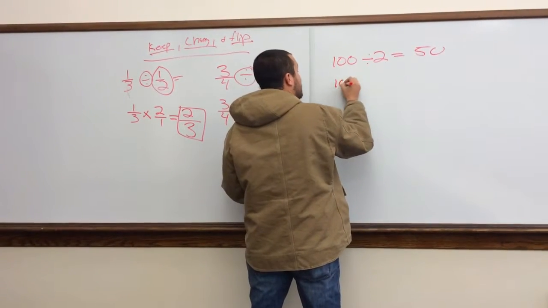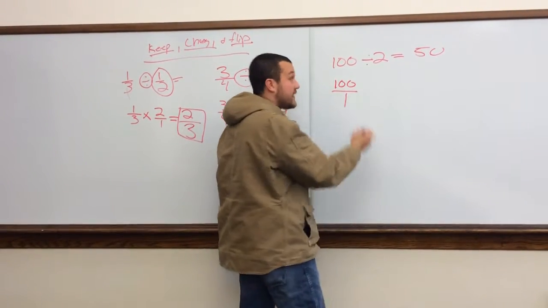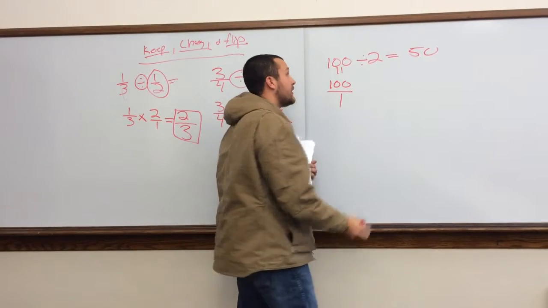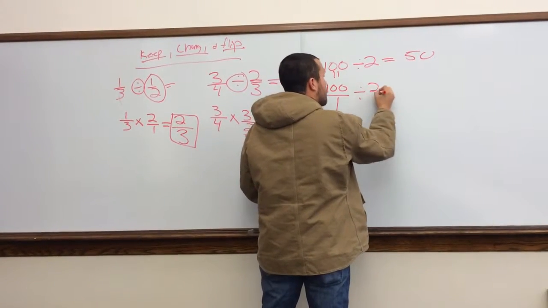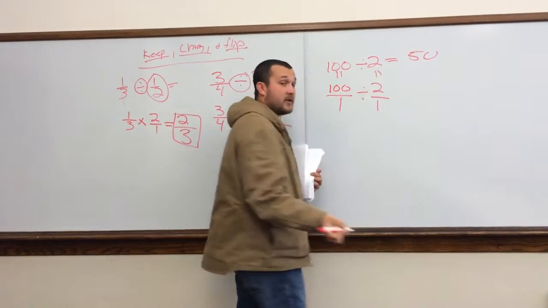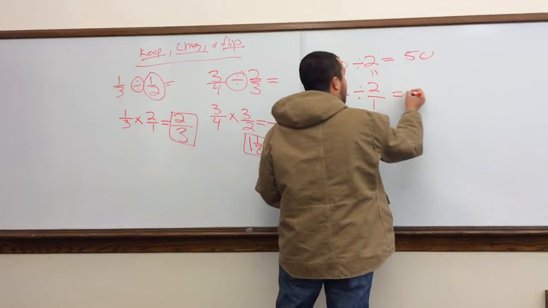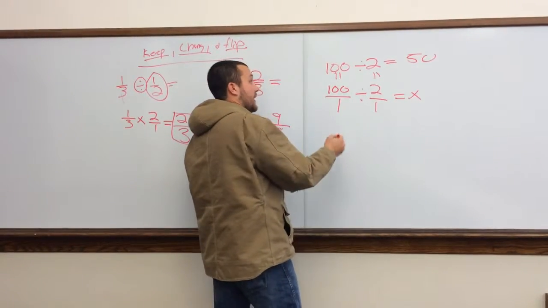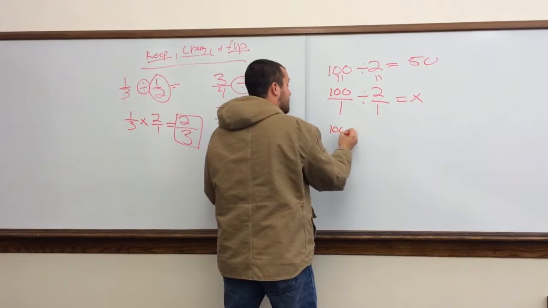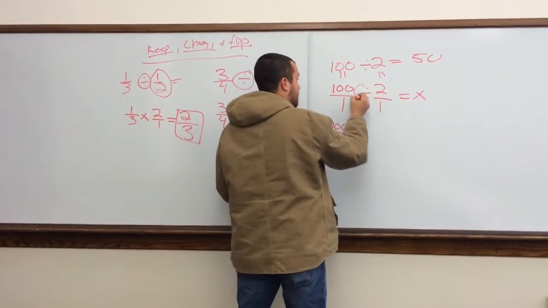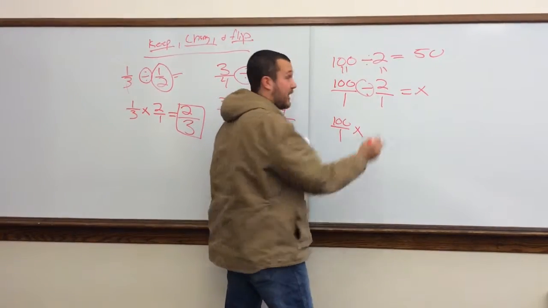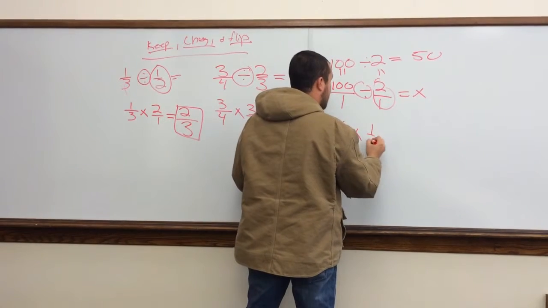So if we have 100 over 1, which is the same thing, divided by 2 over 1, also equal, and we're looking for the answer, we keep 100 over 1, we change to multiplication, and we flip to 1/2.